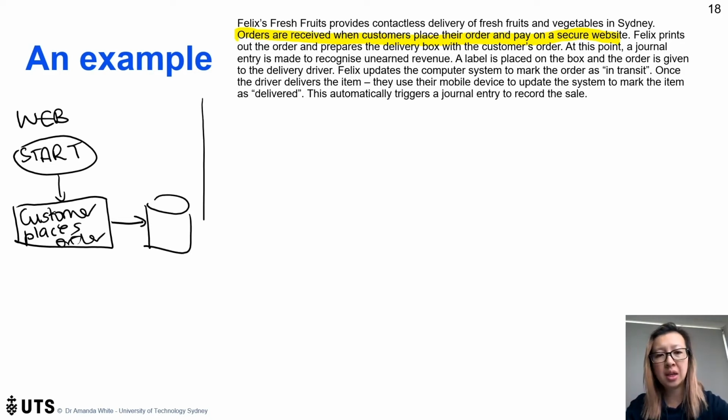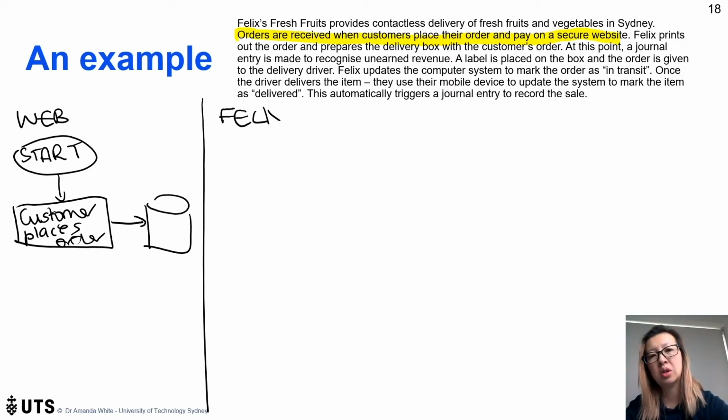Now, the next step happens with Felix, the guy who owns the fruit shop. Now, this line that you see here actually delineates different tasks done by different people. So the first task was all done online. So Felix goes into the system and he actually requests to print the order.